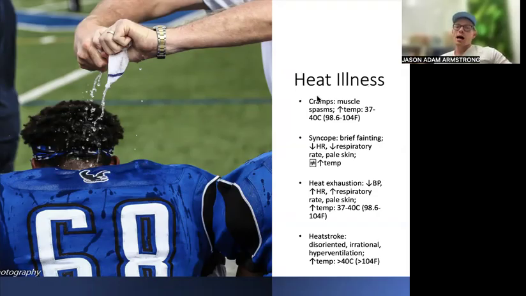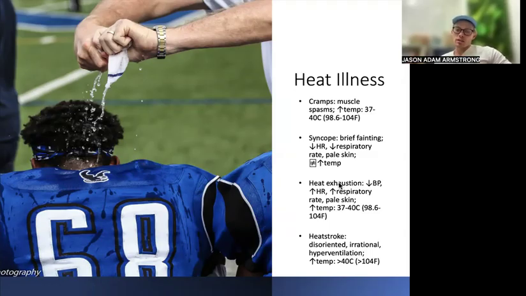Your book goes over this, so I'm just going to be really brief here, but cramps are one. We can see muscle spasms there, slightly increased core temperature, but not huge increases typically. Syncope is a brief fainting. You typically see decreases in heart rate, decreases in respiratory rate, pale skin, not necessarily an increase in core body temperature though.